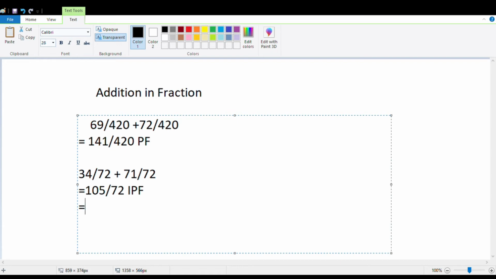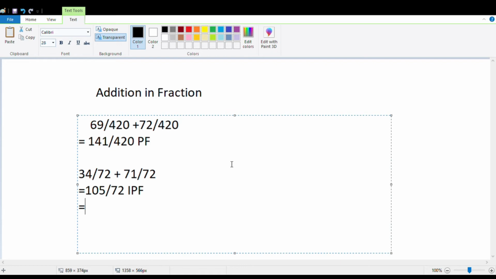Now we have to divide 105 by 72. So 72 times 2, what is 72 times 2? It's 144. So that won't work.